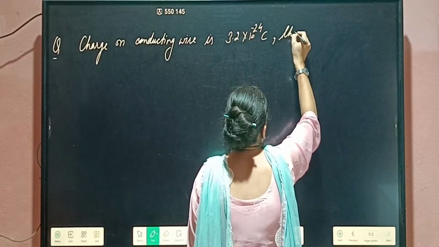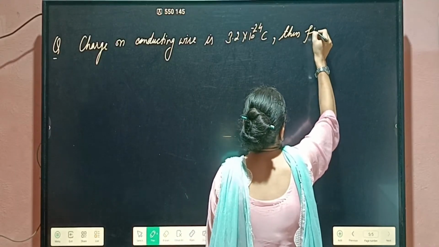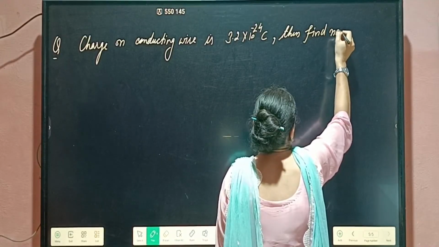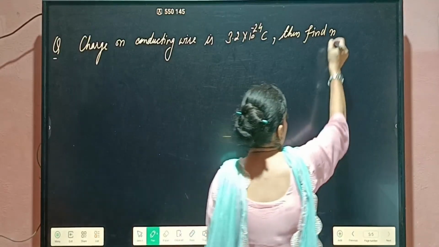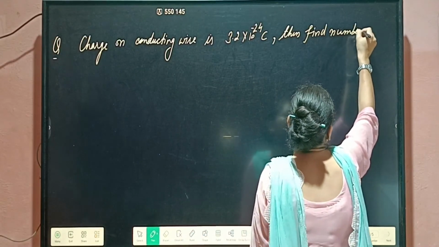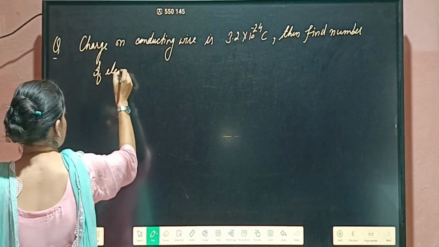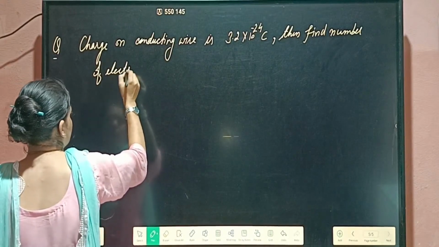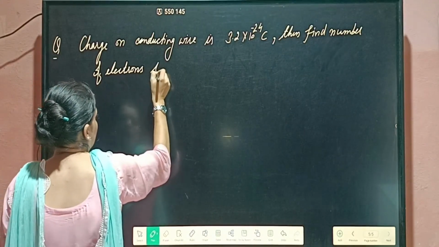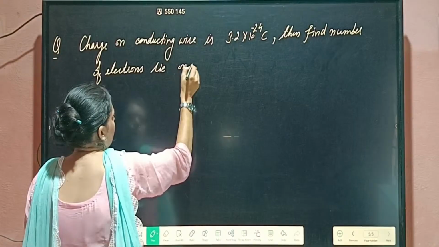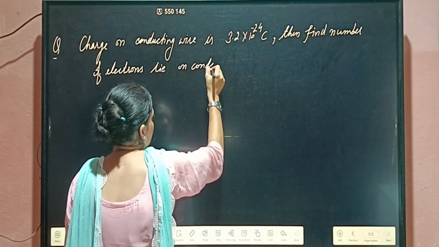Then find the number of electrons which lie on the conducting wire.